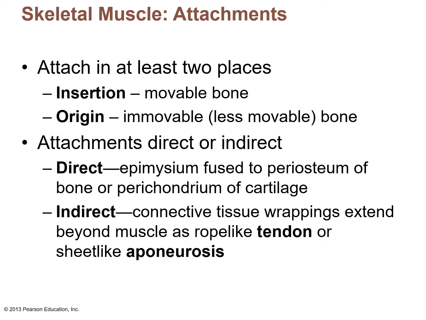Most of your muscles attach by an indirect attachment, and this is by the rope-like tendon that attaches the muscle to the bone, or it could be a broad sheet of tendon, which is called an aponeurosis.